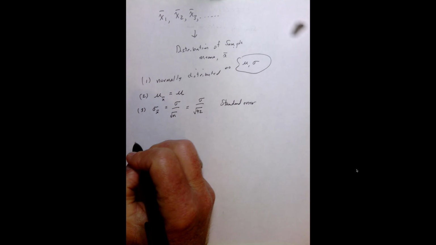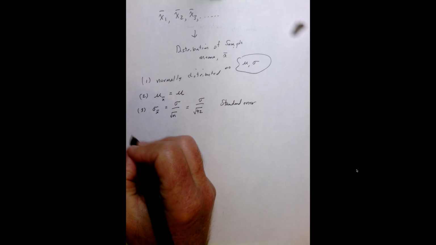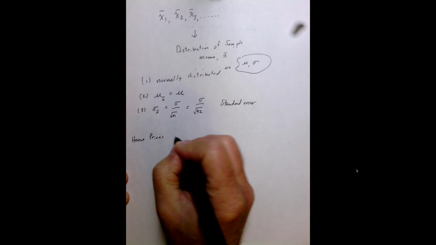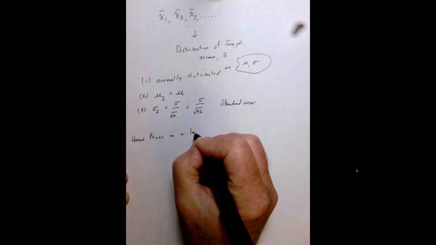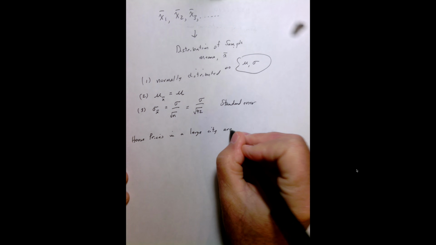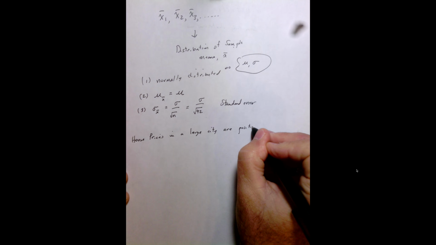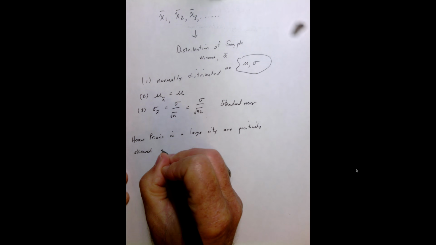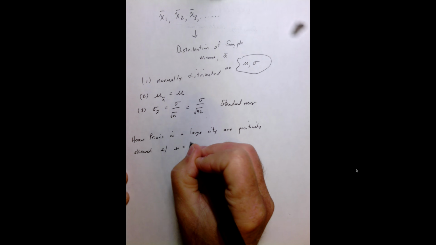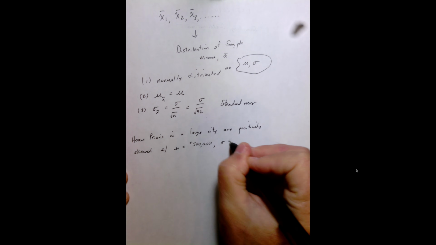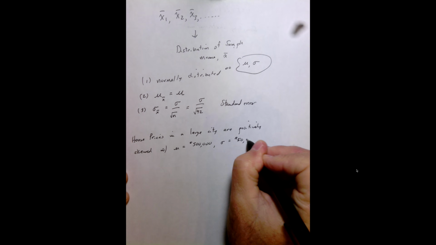Now, what does this allow us to do? Let's say there's an example that house prices in a large city are positively skewed with a mean price of 500,000 and a standard deviation of 50,000.